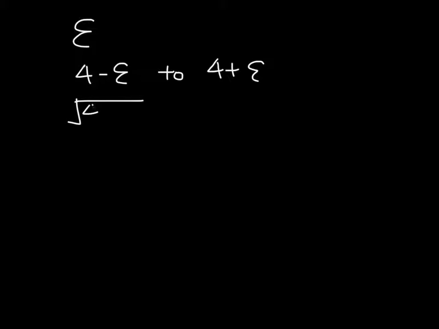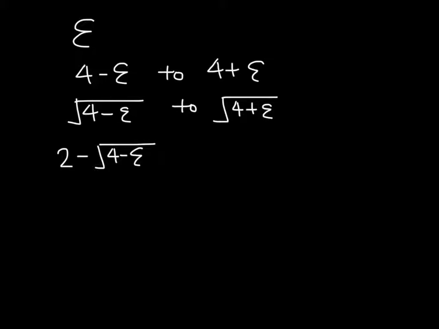Are we beginning to see a pattern here? What we're seeing is that for any epsilon that we're given, we find the delta by saying our y range is 4 minus epsilon to 4 plus epsilon, meaning our x range is from the square root of 4 minus epsilon to the square root of 4 plus epsilon, and our distance from 2 is equal to 2 minus the square root of 4 minus epsilon, take the absolute value.